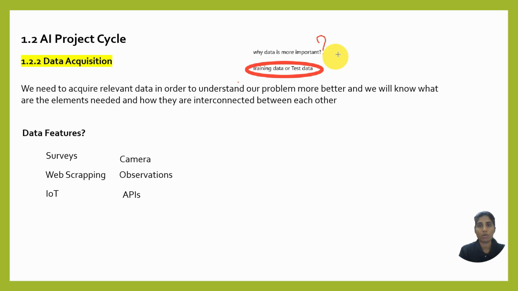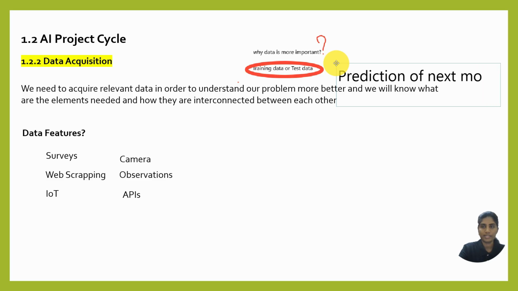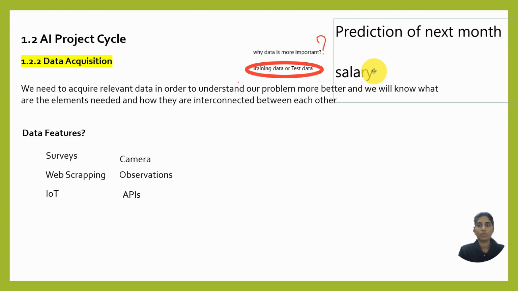So prediction happens there. We are going to predict his next month salary. That's why we are getting his past 12 months salary.